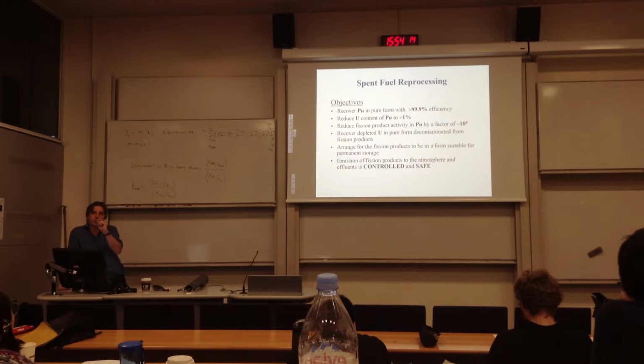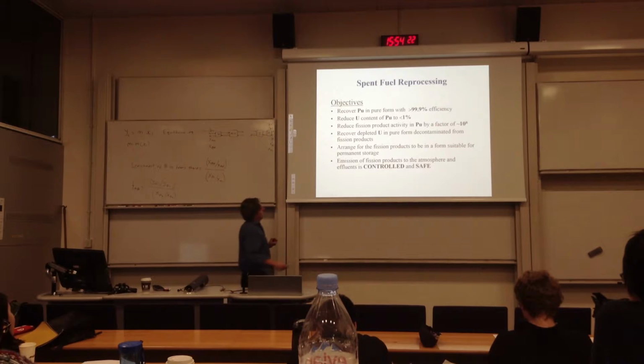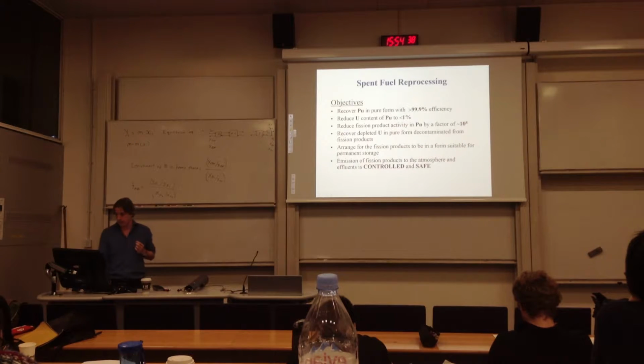The fission products are a small amount by weight, but they account for most of the radioactivity of the material. That's why this purity is given mostly as radioactivity of the fission products in the plutonium, rather than as weight, because the weight is very small to start with.